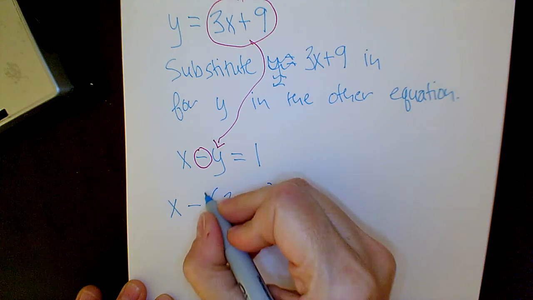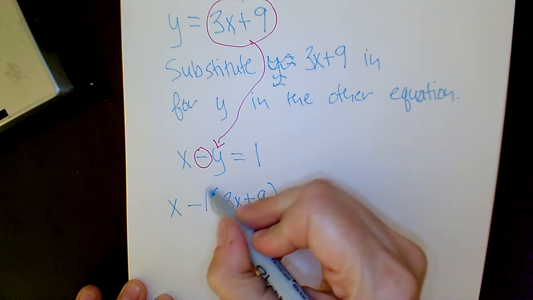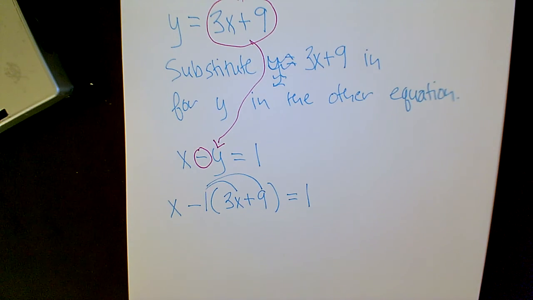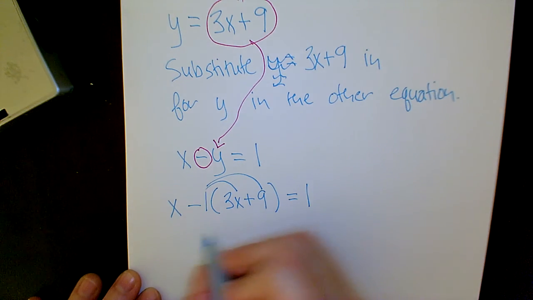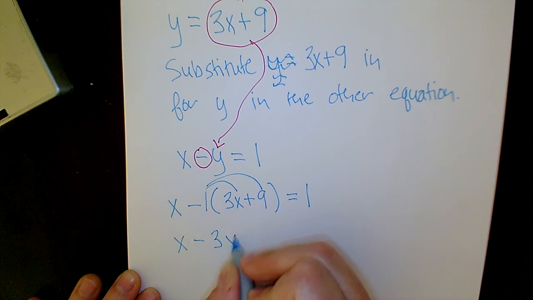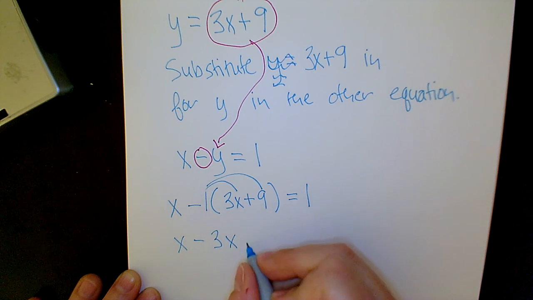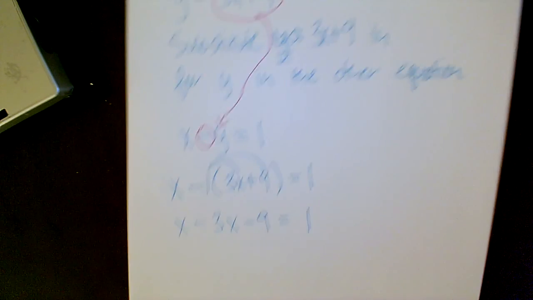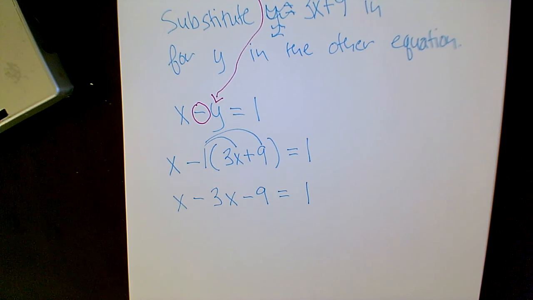And if you need to, you can put a -1 here if that's easier for you, and then distribute that. So I'm going to distribute this, and I get x minus 3x. -1 times +9 is -9. So again, I just distributed that.